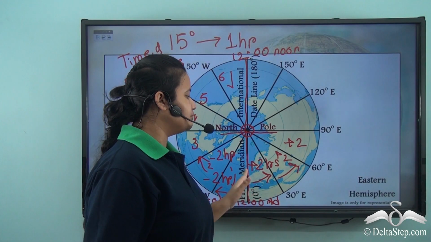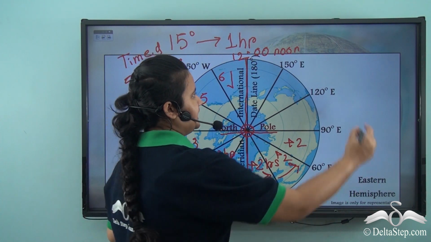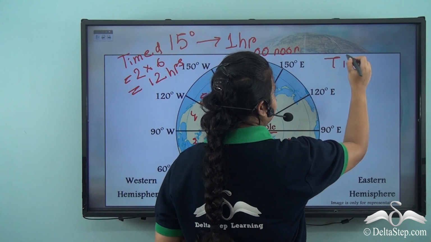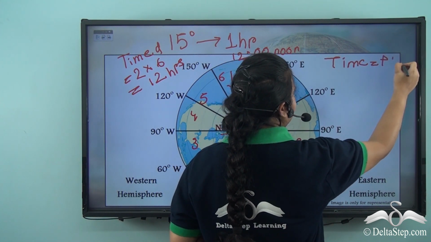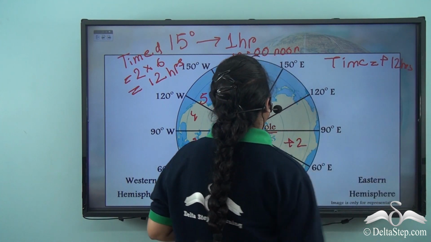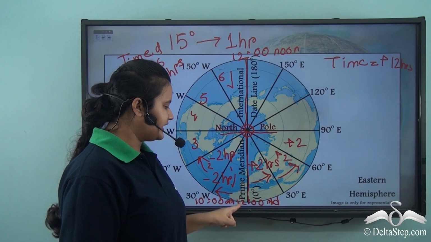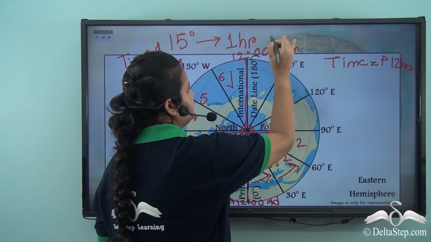So now if we move 180 degrees to the east of the prime meridian, then the time would increase by 12 hours. So again, if this is 12 at midnight, then it will be 12 noon.